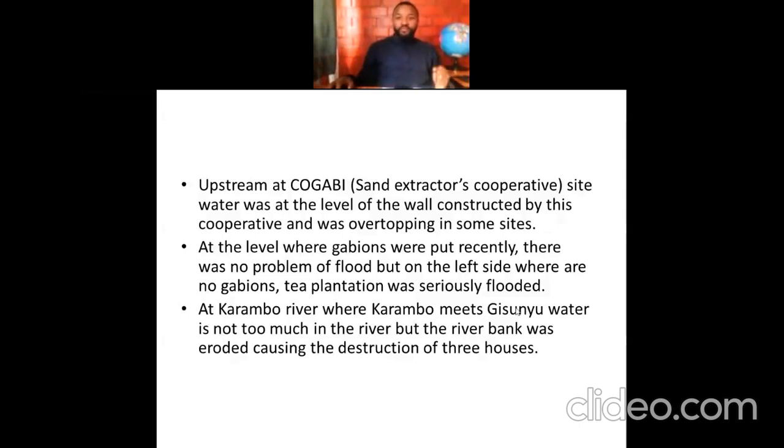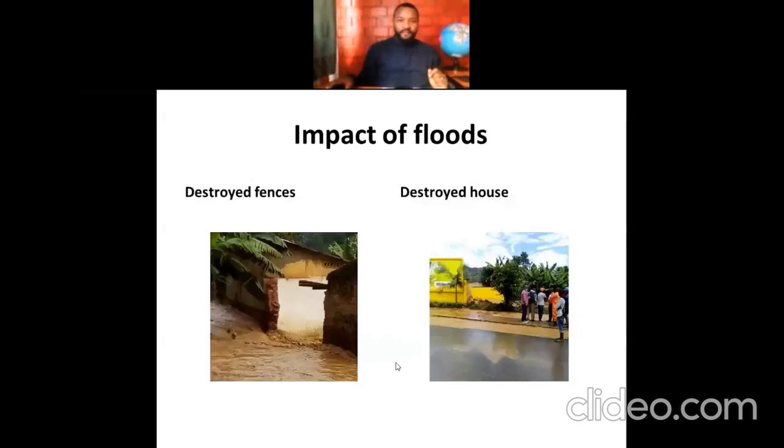So where Karambo meets Isunyu, those are two rivers that converge. That's what happened. 3 houses were destroyed by lateral erosion that caused the banks to extend towards the settlements. So these are some of the impacts.